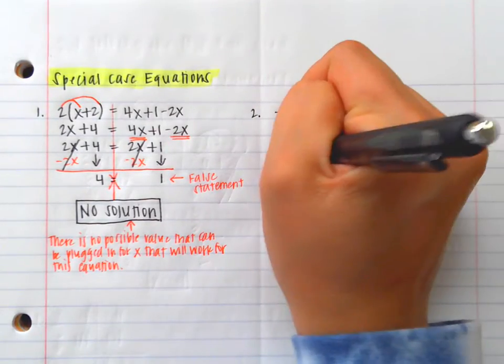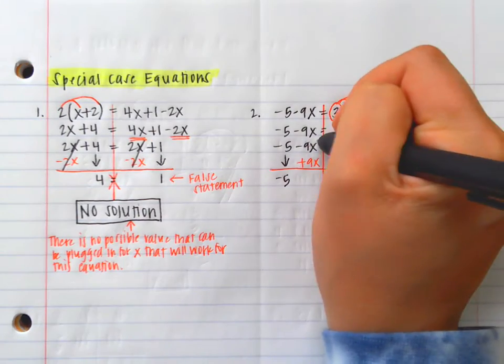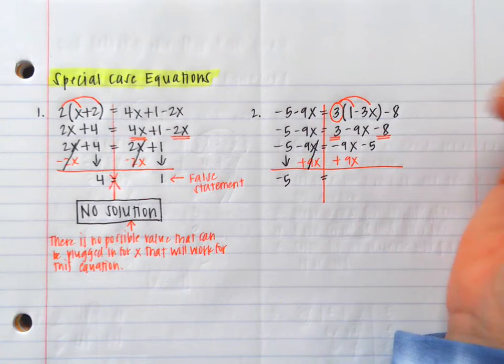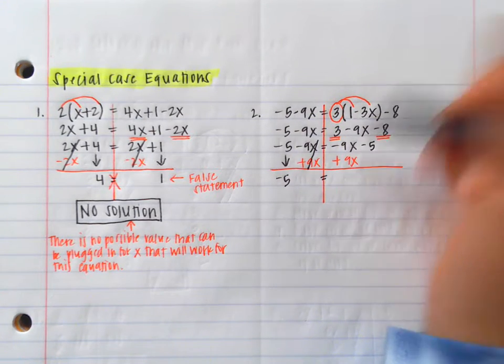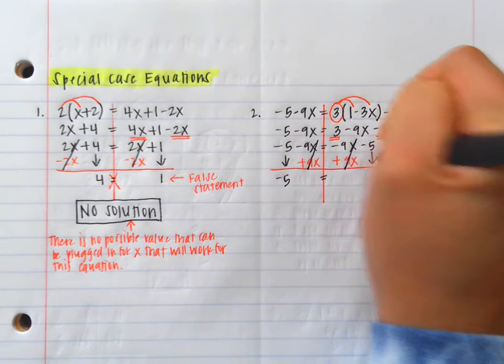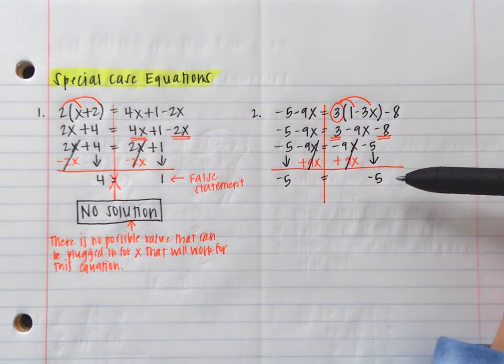On this side, the negative 5 comes down. Negative 9x plus 9x cancels. It's 0, right? Negative 9 plus 9 is 0. Same here. Negative 9 plus 9 is 0. So 0x goes away. And then negative 5. So I'm left with negative 5 equals negative 5.